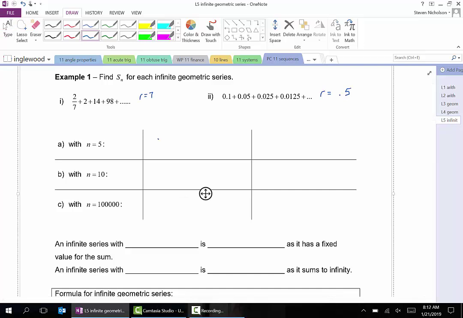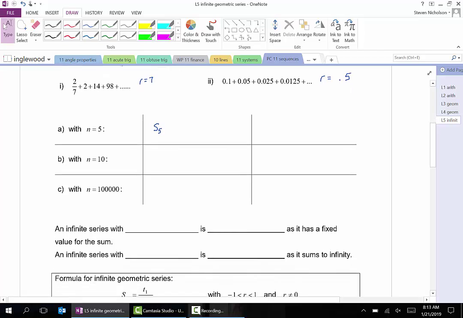So again, you might pause the video and use your first formula, because we know what n is. Remember, in our two formulas for geometric series, one of the formulas is for when we knew n, and the other formula is for when we knew the last term. And we don't really want to figure out the last term, especially the 100,000th term.